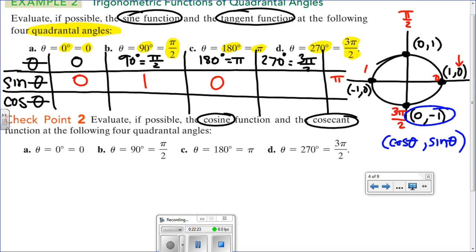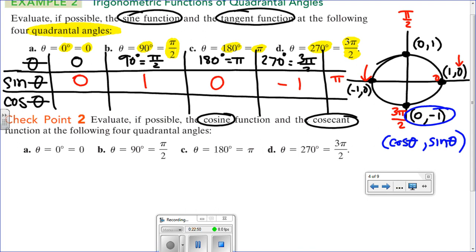What is the sine of 3 pi over 2? At 3 pi over 2, negative 1, very good.